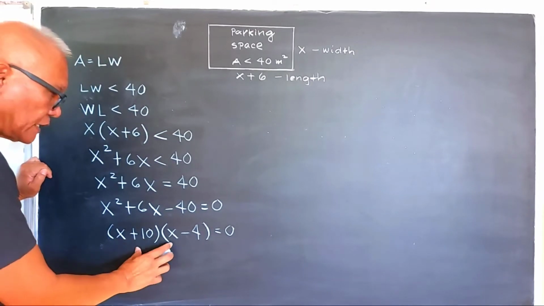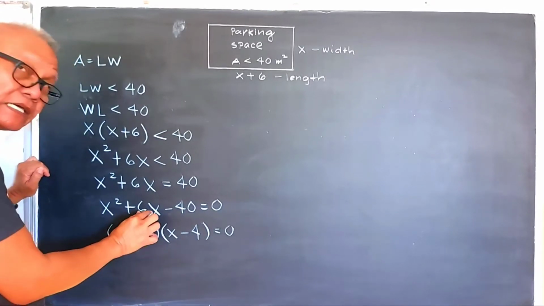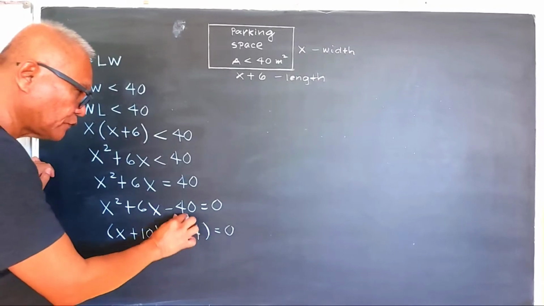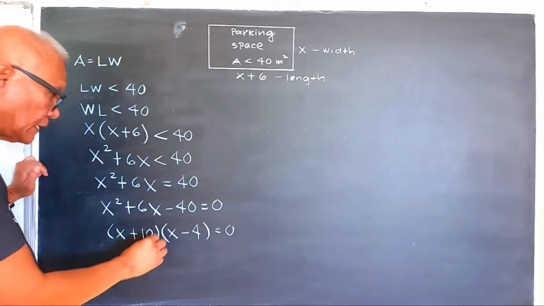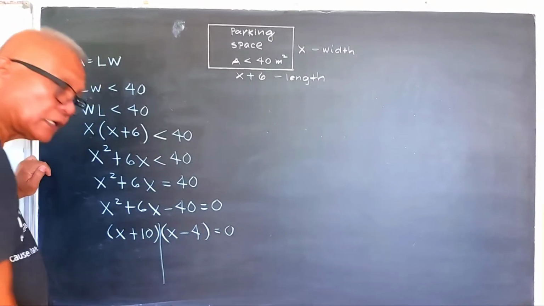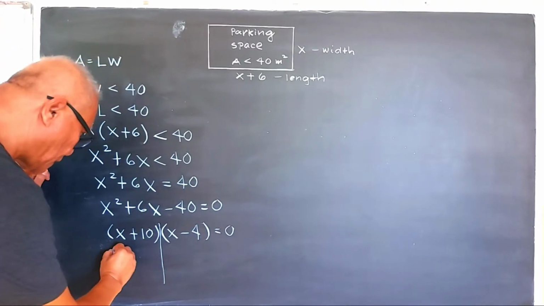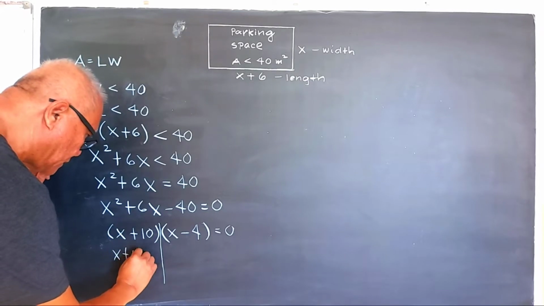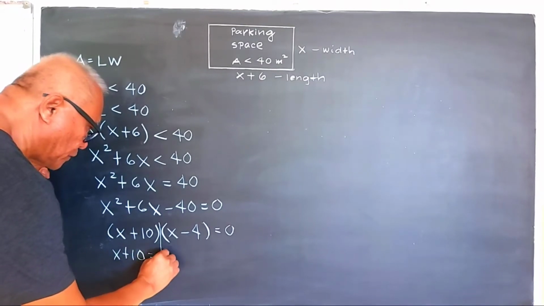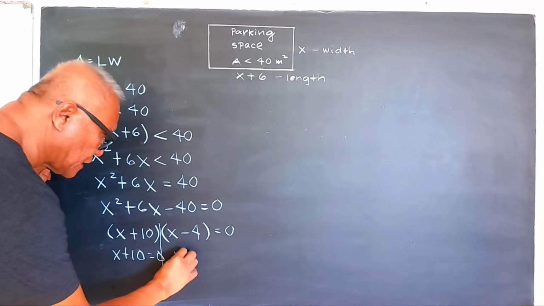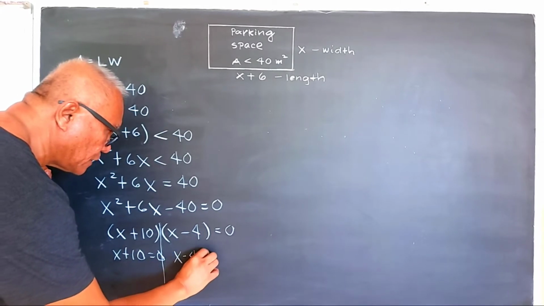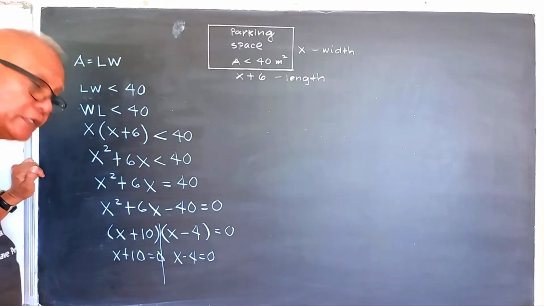Check. 10x minus 4x is 6x. Positive 10 times negative 4 is negative 40. Then we will apply our zero product property. So we have x plus 10 is equal to 0. The other one is x minus 4 is equal to 0.